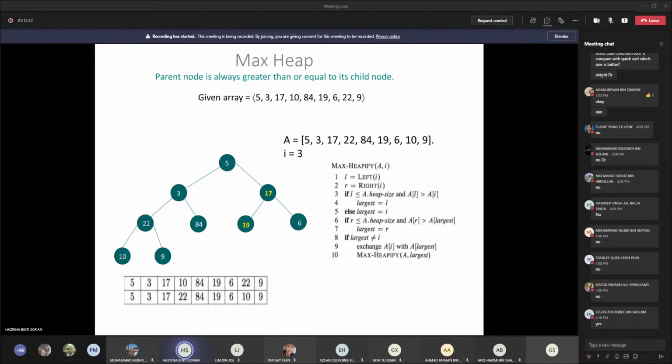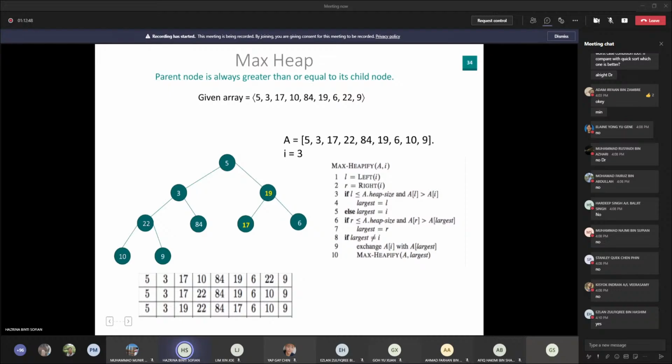So now I equals 3, index 3. We have 5, 1, 2, 3. Then you check: is 19 bigger than 17? The answer is yes, so they will swap it.